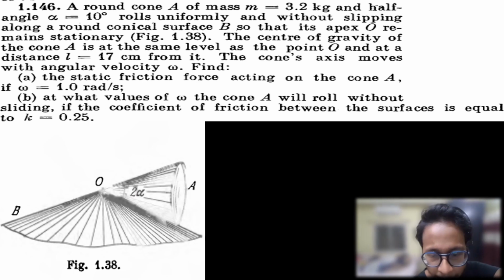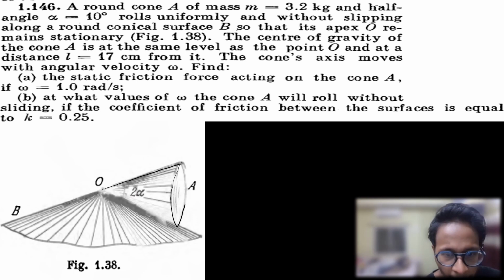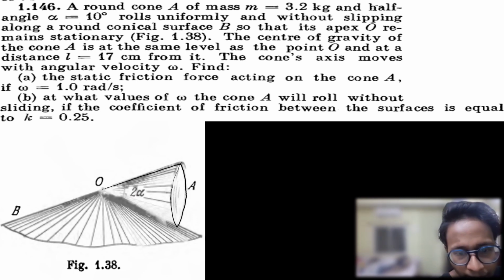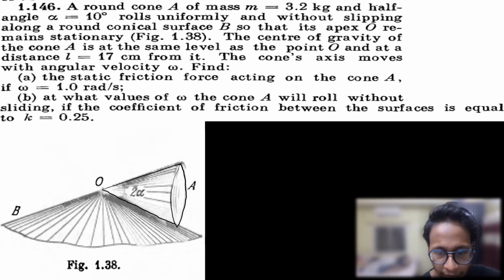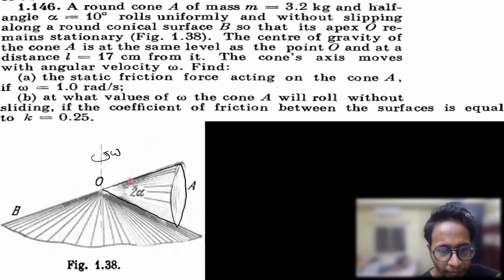Okay, in this question there is a cone, and this cone is rotating about this pyramid kind of thing. The axis of rotation is this one, with angular velocity omega. That means the cone is rolling over this pyramid, like this.